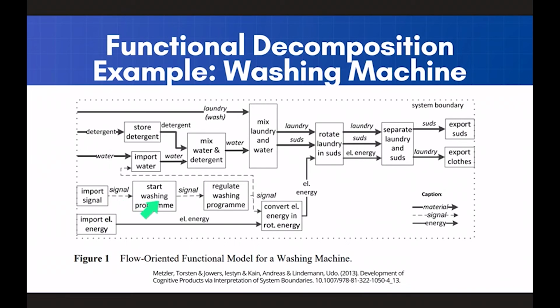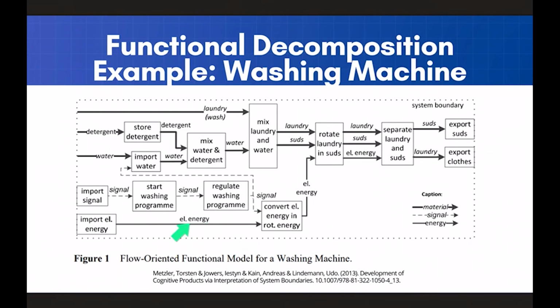Then it goes to the sub-function of start washing program. The outcome is also a signal, and regulate washing program also gives a signal. Then convert electrical energy into rotational energy: the input comes from two types of flow, which are signal and energy.